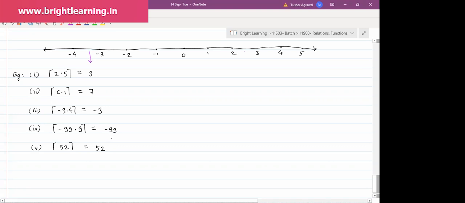Okay, ceiling function, the reverse process now. Ceiling function of x is given to be equal to 4. So what is the range of x?